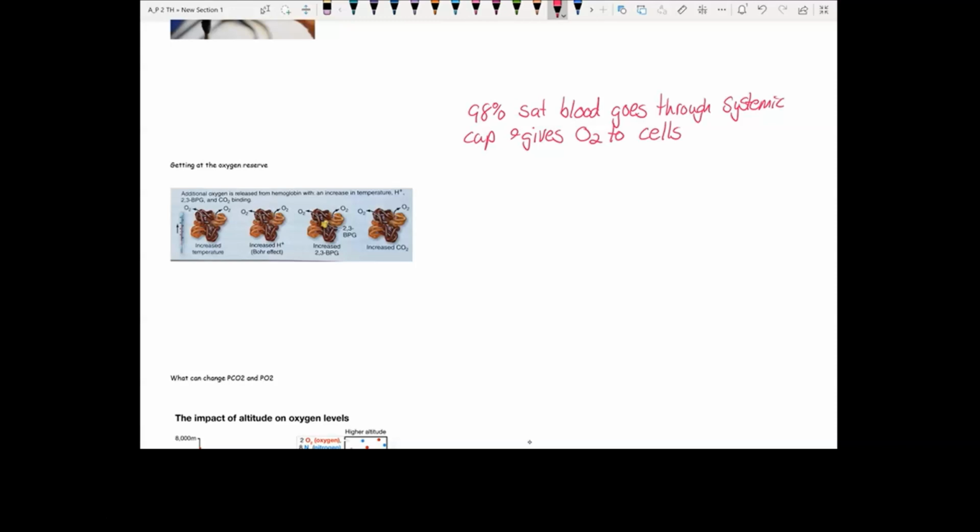Now, it doesn't give all of the oxygen to your cells. Once the blood has gone through the capillary and it's heading back to the heart, so now we have the venous blood, after the capillary it's still typically about 70% saturated.